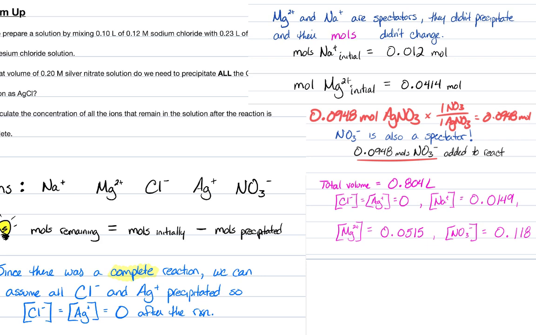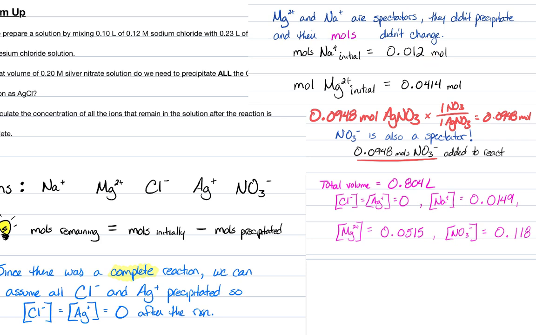This is also a little bit of a tricky part of this problem. You had 0.23 liters, 0.1 liter, and then you also added the 474 milliliters from part A. So you're adding all three of those things together for a total of 804 milliliters. Okay, 0 over 0.804 is 0.